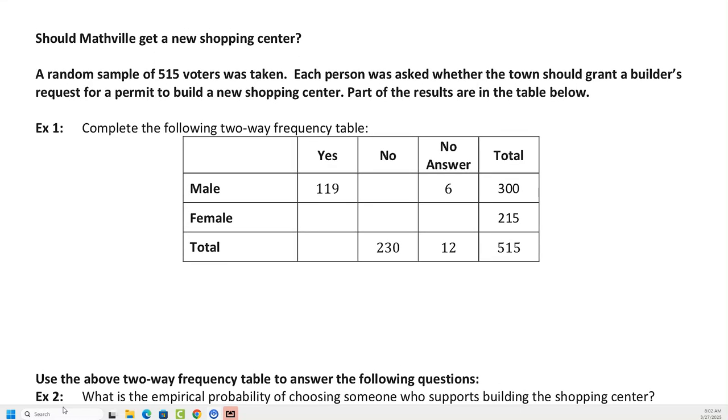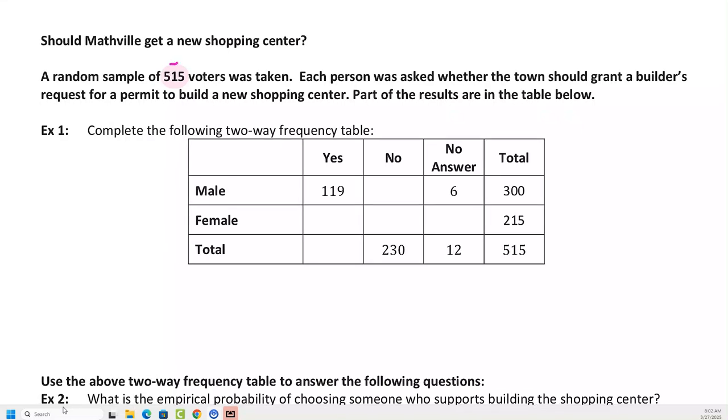Let me review a few things here. It says you have a random sample of 515 voters. That 515 that we have right here sits in this location right here. It's the total of totals, basically.